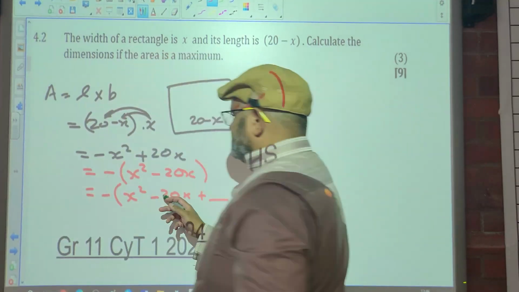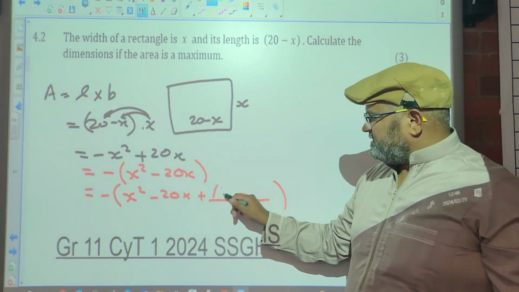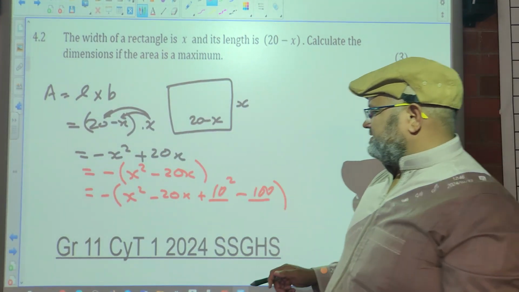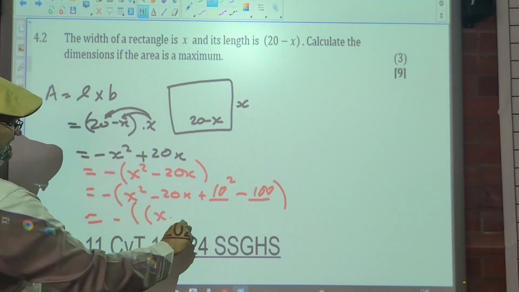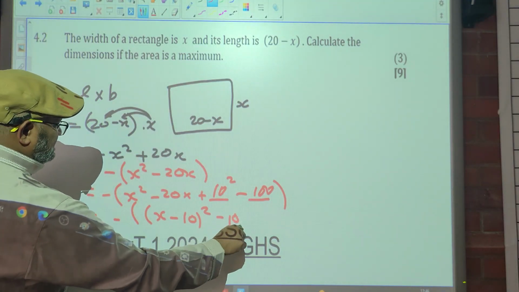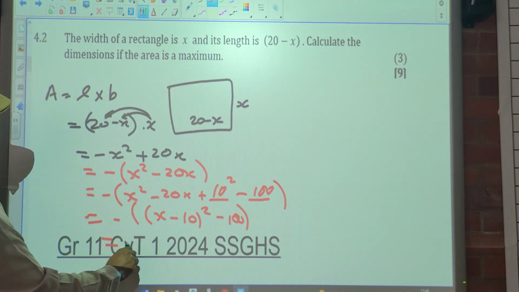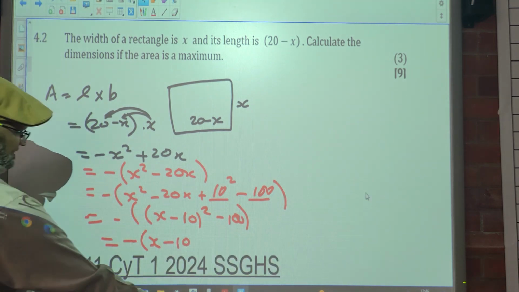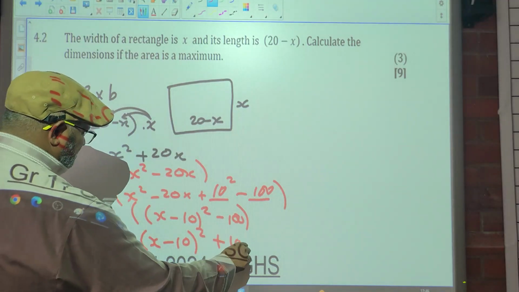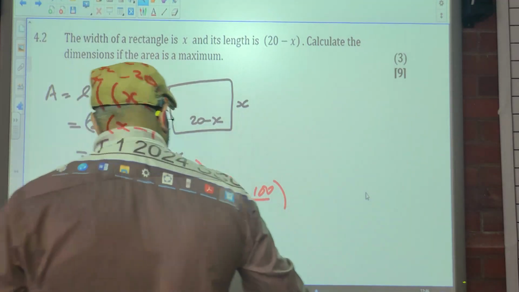So what is 20 times half? 10, and 10 squared is 100. So that will be simply negative into x minus 10 squared minus 100. Get rid of the negative, so it's negative into x minus 10 squared plus 100.